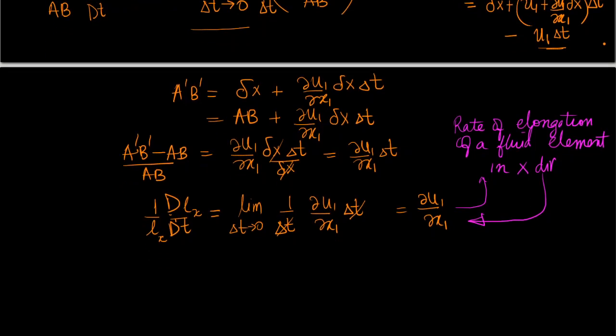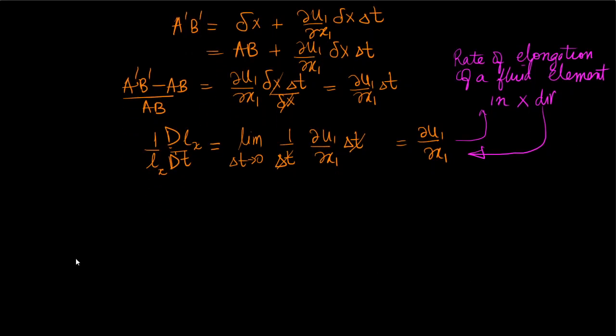Now you can very well imagine that if I have a fluid element like this, the velocity at this point is v. Now the velocity at this particular point will be v plus del v del x2 dx2, and after a time delta t it would become something like this.